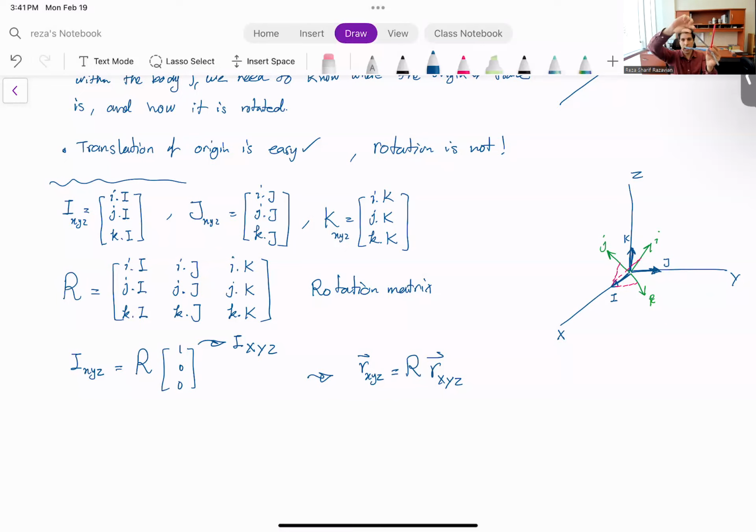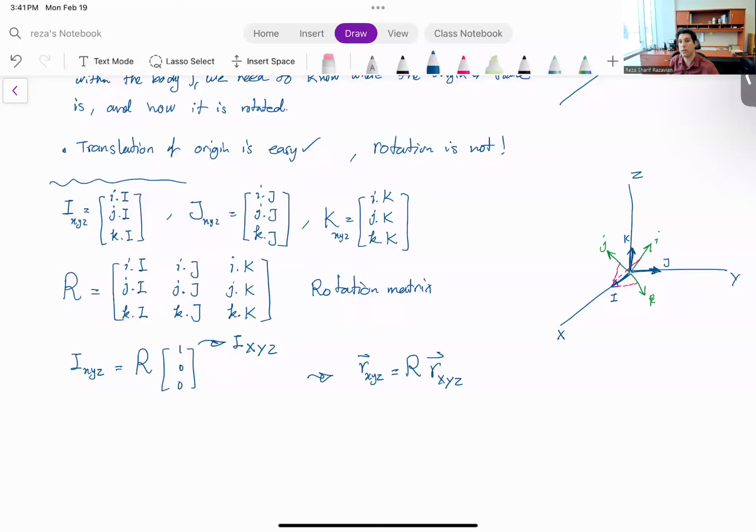And what is happening is I'm rotating my frame, and now the component of the same vector that didn't move. So the vector and the scene are not changing. I'm only rotating my frame, and now I'm looking at the components of the same vector in the newly rotated frame.